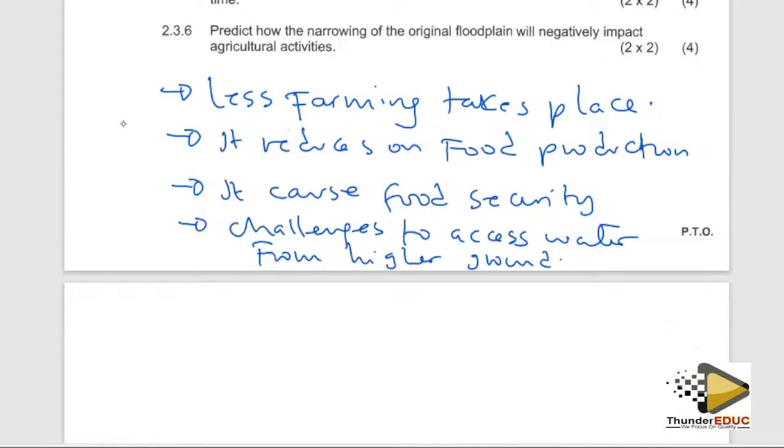Therefore, we know that when the floodplain narrows, it means most of the area has been undercut vertically, resulting in less land available for farming, and as well it reduces food production, causing food insecurity, not security.